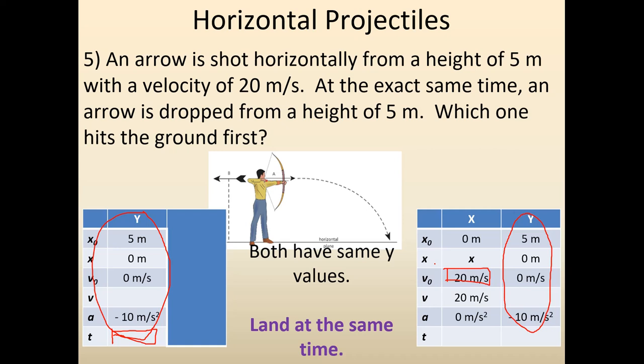Now, I did mention in the previous video that I hinted at it. I mentioned that the arrow shot horizontally, the horizontal projectile, will end up hitting the same vertical positions in the same time.